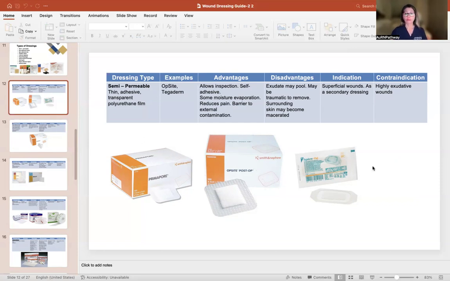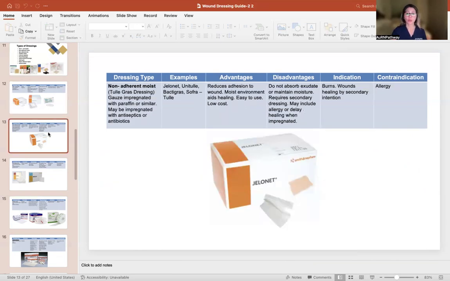All right, so these are the things that it could be used for. Some are waterproof, some are not. So just make it appropriate to the patient's wound. For example, if it's a surgical wound, it might be best to use a waterproof dressing, so then the patient could shower with it. Now, your non-adherent moist, one of the popular ones is your Gelinet or your Bactigras.